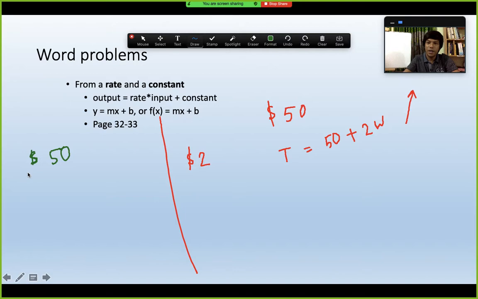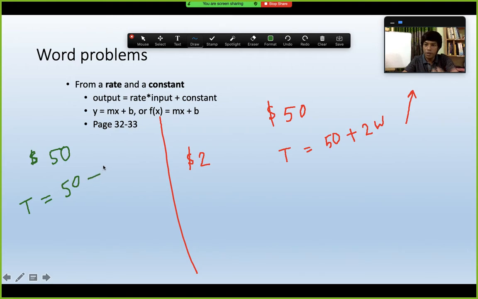Every week you will spend $3. Then what will be the remaining money in your pocket? That function you can write, think about it, and if it matches with me, then that's correct. Already you have 50, then every week you are spending, so money will decrease, which means minus.